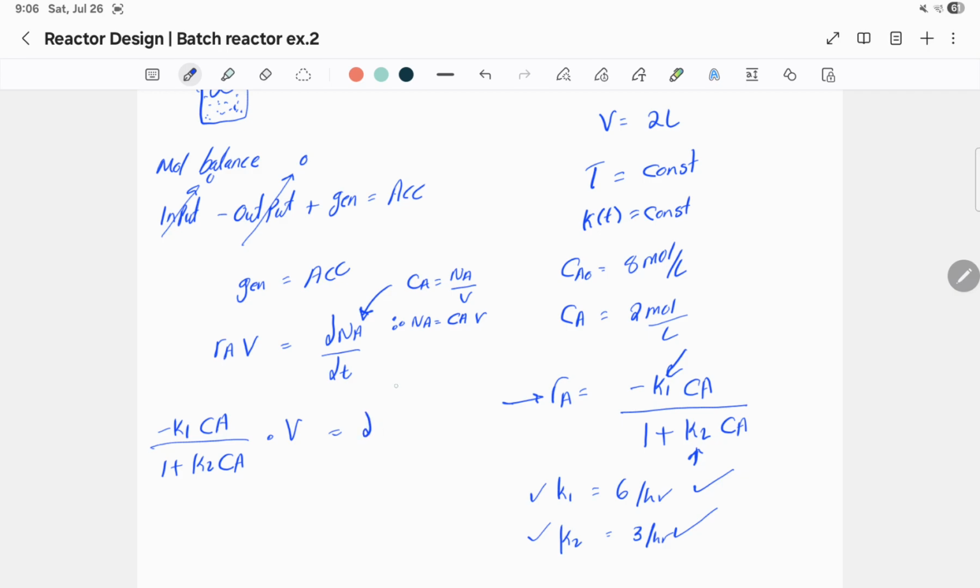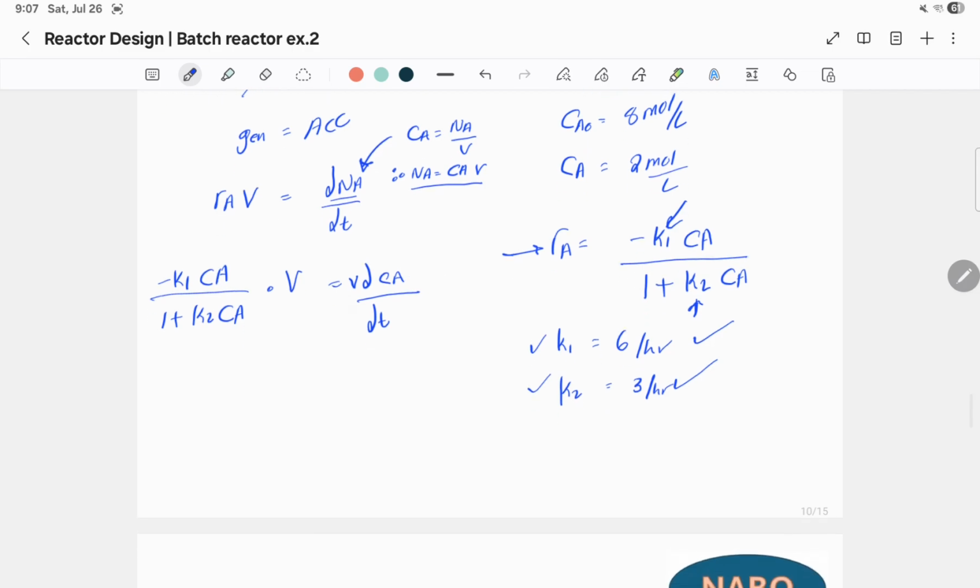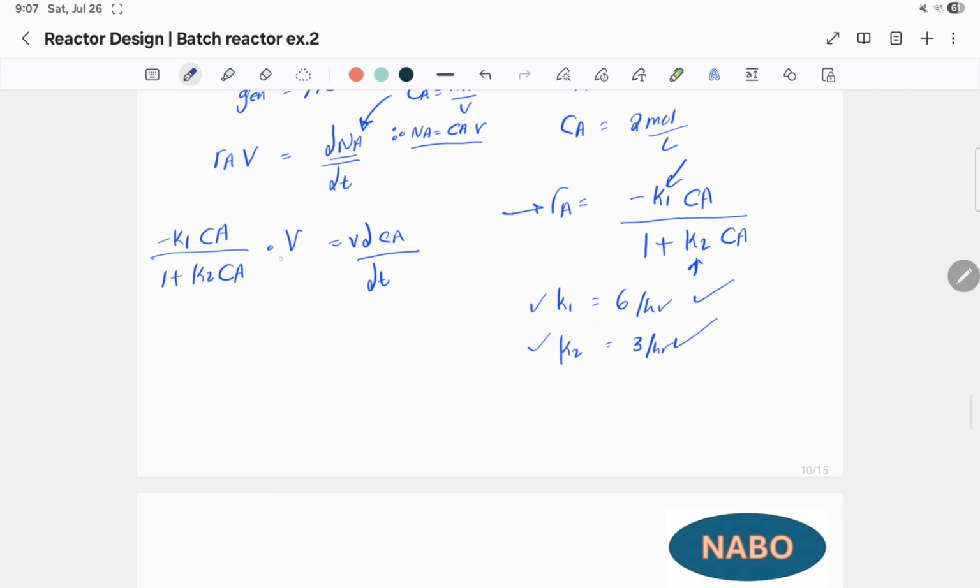We can sub this into the differential, d(Ca times V) over dt. Since the volume is constant, it can leave the differential, so we can take it out. The volume will cancel on both sides. We'll be left with negative K1 Ca over 1 plus K2 Ca equals dCa over dt.